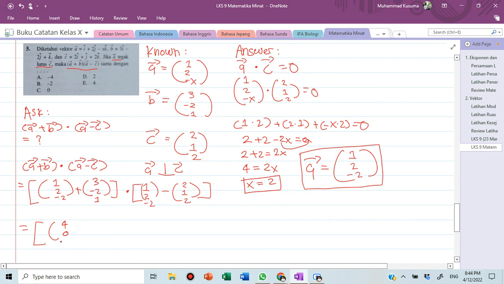Minus 2 plus 1 is minus 1. Dot, for the second part, 1 minus 2 is minus 1. 2 minus 1 is 1. And minus 2 minus 2 is minus 4.